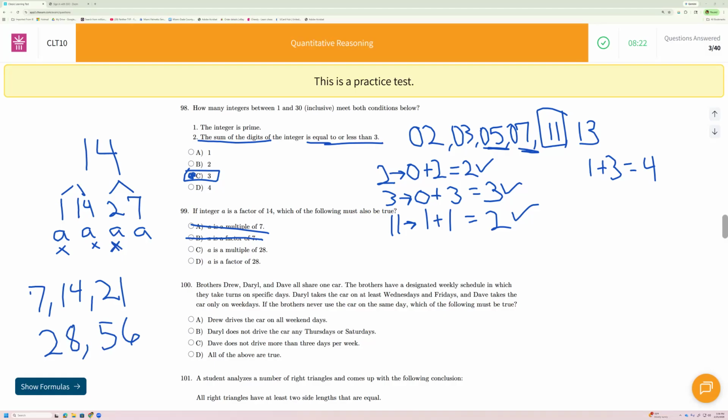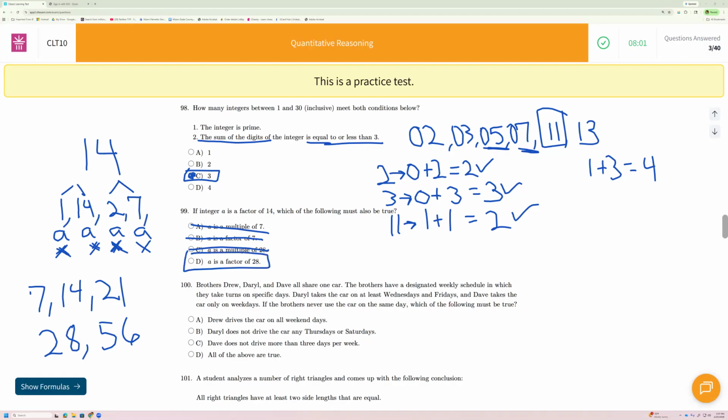We don't see a 1 or a 2 that could be a. So again, 14 or 7. So none of them are multiples of 28. So that means that these 4 numbers, 1, 14, 2, and 7, have to be a factor of 28.